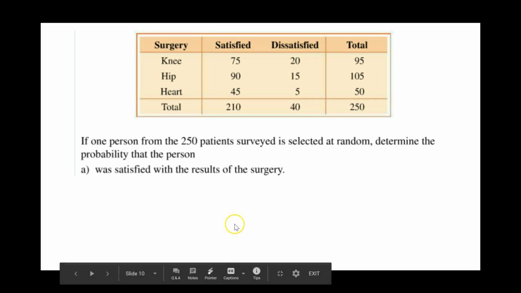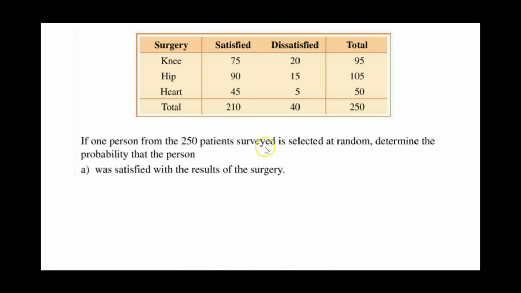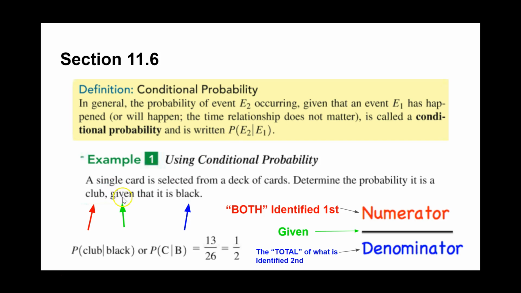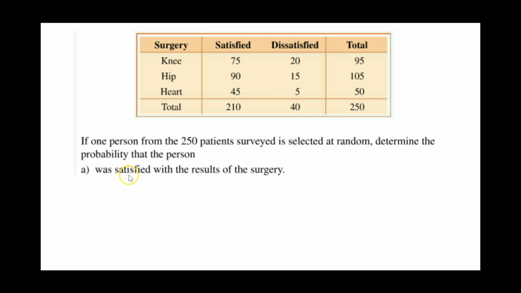Let's look at another example. Here, one person from 250 patients surveyed, so here's my total, is selected. Determine the probability that a person was satisfied with the results of surgery. Notice in this problem the word given was not provided in the directions, so we just do probability.